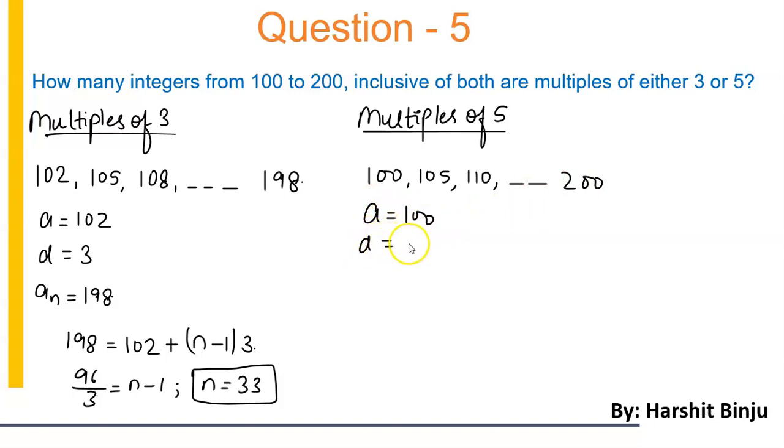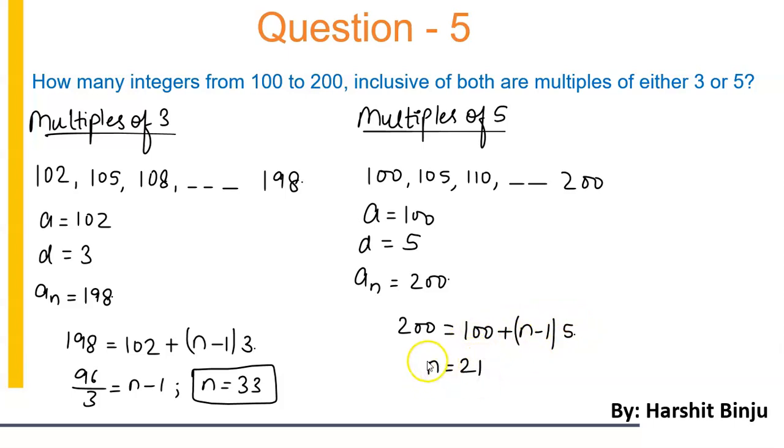You're gonna have D, which is 5. You're gonna have An, which is 200. 200 is equal to 100 plus n minus 1 into 5. So that's 100 by 5, so n will be equal to 21.